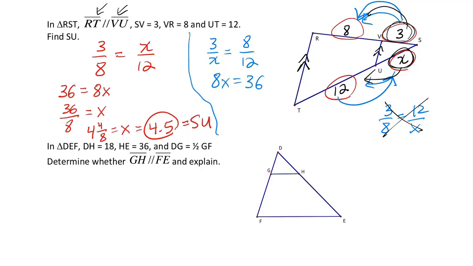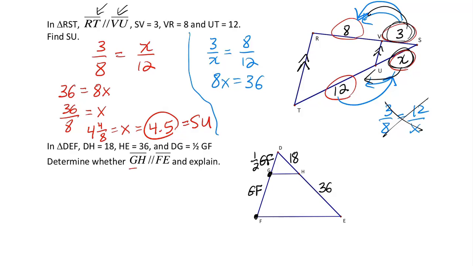In the next example, we're given the length DH is 18, HE is 36, and DG is half of GF. So let's just call GF a length of GF, that's G to F. DG is half of that, so D to G is going to be 1/2 of GF.